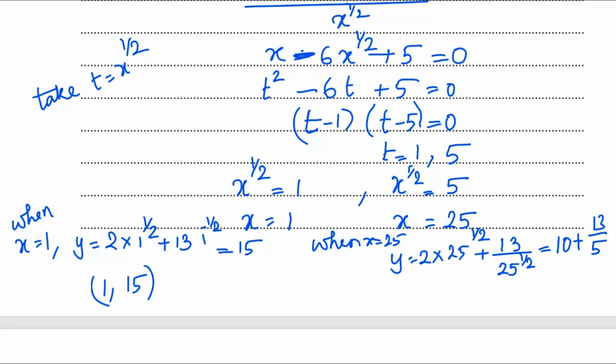So 50 plus 13 is 63, 63 divided by 5, which is equal to 12 and 3 over 5. So (25, 12 3/5).